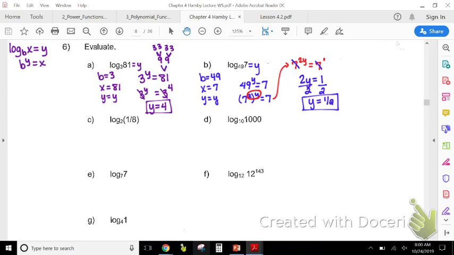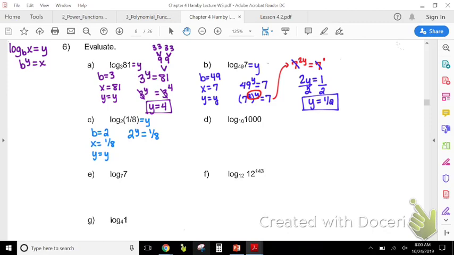All right, what about c? It's in log form, so let's set it equal to y. So what's our base? What's our x? And what's our y? All right, so I'm going to set it up in exponential form. So b to the y equals x.